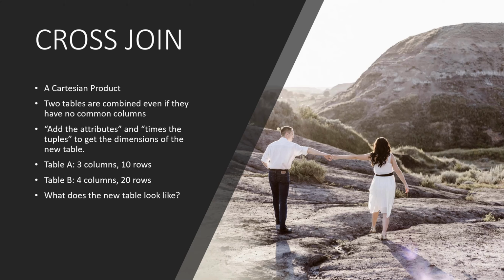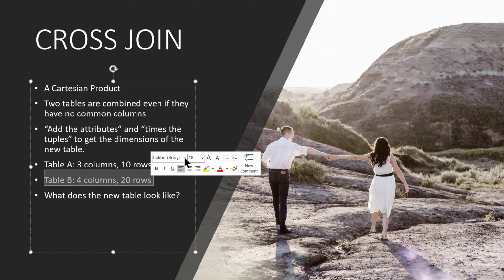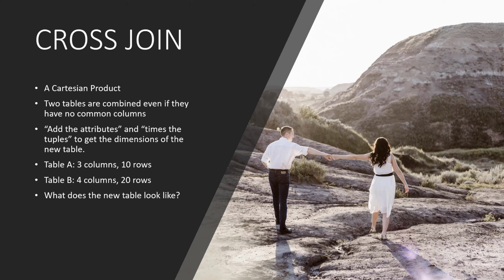For example, let's look at table A has 3 columns and 10 rows. Table B has 4 columns and 20 rows. What does the new table look like? Well, if we add the attributes, that's 3 plus 4, that's 7 columns.